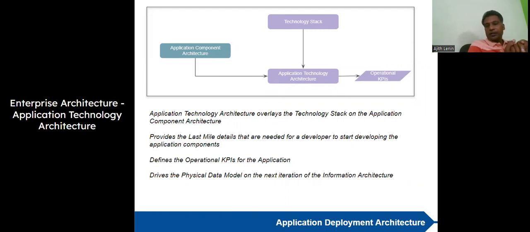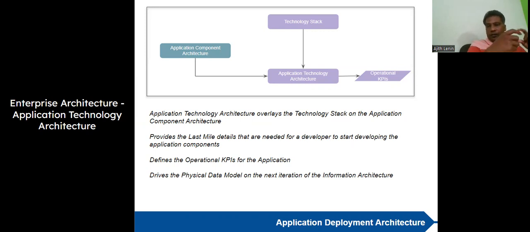That gives us the application technology architecture. The additional thing we would need to add is to define the operational KPIs of the application. Is it a mission critical application? What would be the SLA, etc.? All can be documented as part of this exercise.